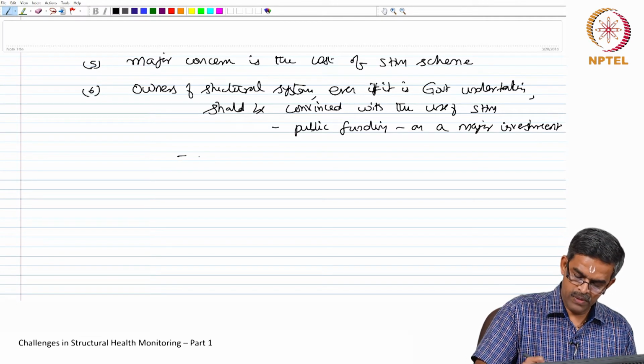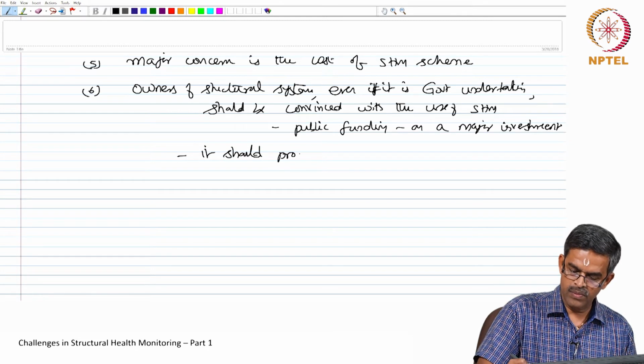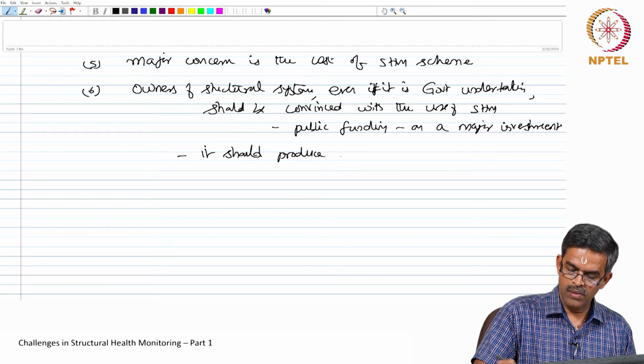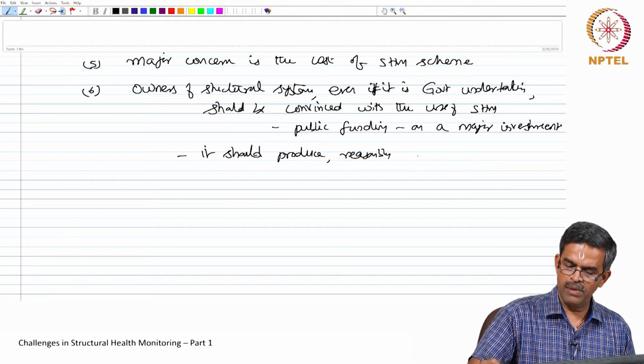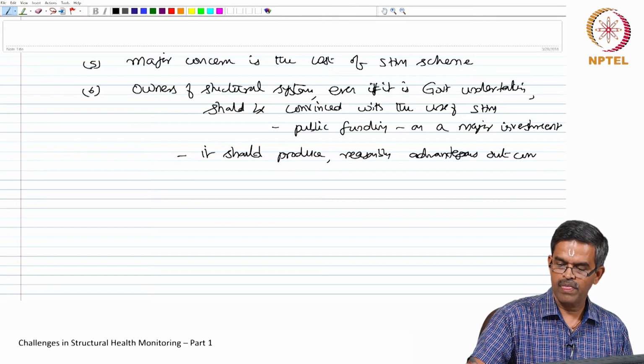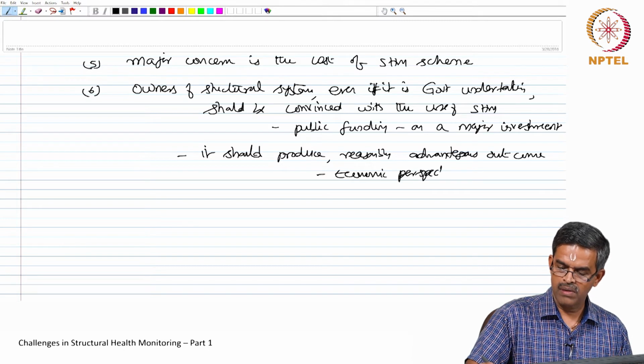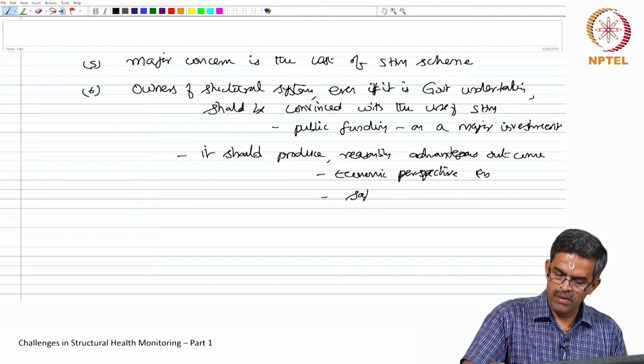Therefore, it should produce reasonably advantageous outcome in economic perspective or at least in public safety.